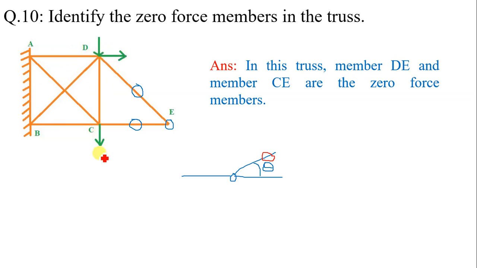And according to the first condition, again I will repeat it. If two members are meeting at a joint, non-collinear, and the joint is not carrying any load, then force in each member is equal to 0, and hence the correct answer is DE and CE. These are the zero force members. These members are not carrying any force.